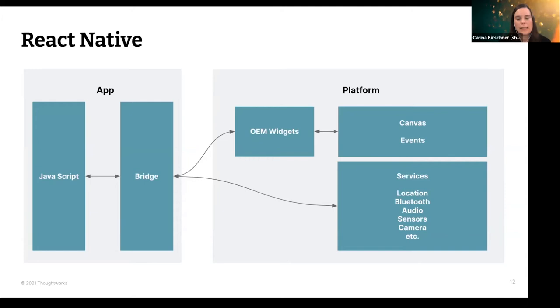If you have a look at this slide, each interaction would start on the right side, on the platform side. For example, a user taps on a button, and then this gets communicated asynchronously over the bridge to the application code. There might be something happening, maybe this would lead to some re-renderings of some elements in the view, and then this response would be sent back to the platform side.